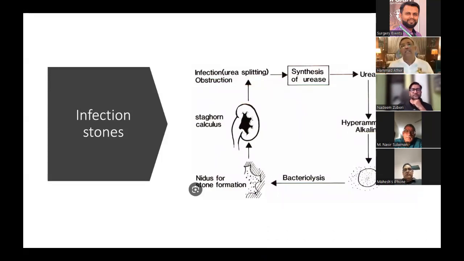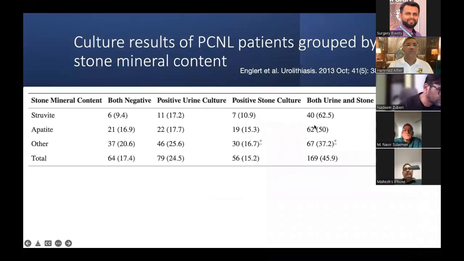All these are urease producing organisms which can cause hyperammonuria and alkalinization of the urine, and all this results in producing struvite and apatite, which can form those huge stones that we are all aware of, the staghorn stones.